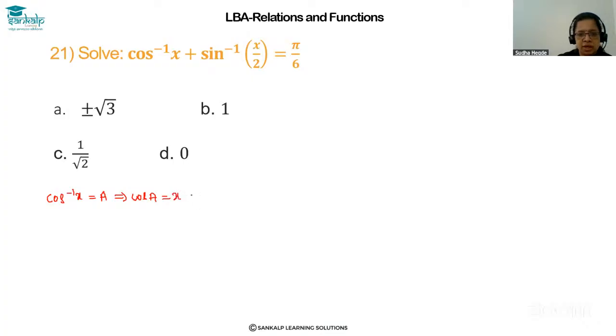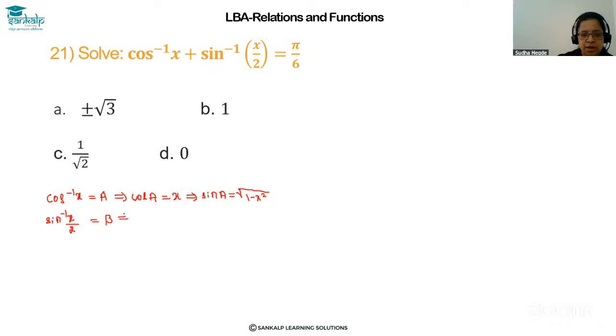If cos A is equal to x, what is sin A? Sin A is equal to square root of 1 minus cos square A, that is square root of 1 minus x square. Okay.